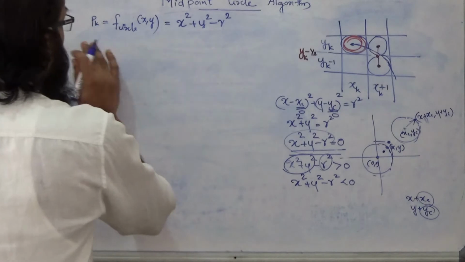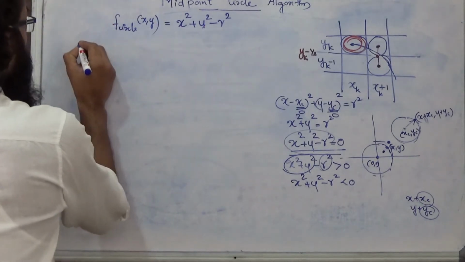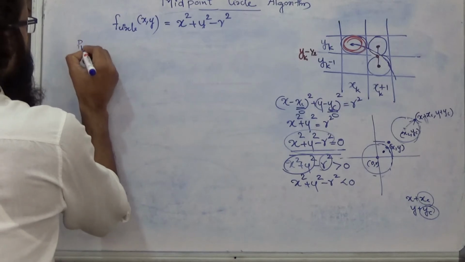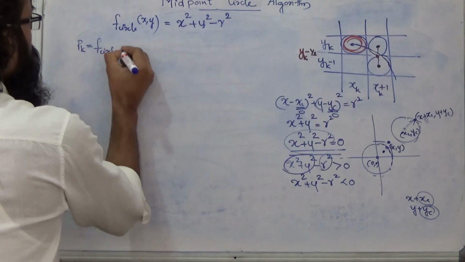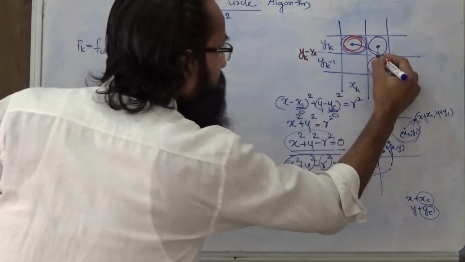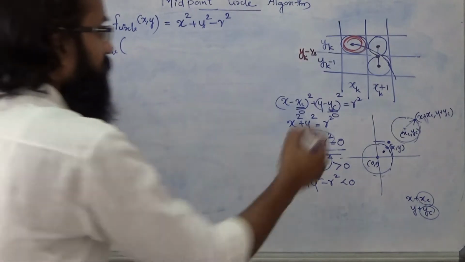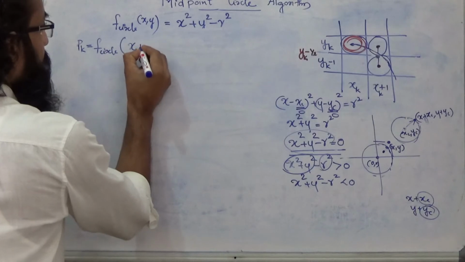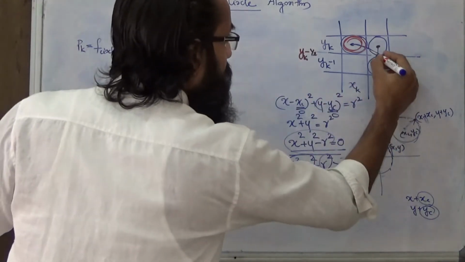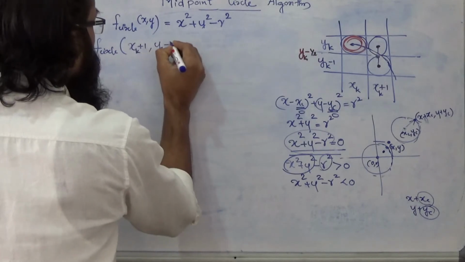Now, this is the f circle function, and we will be taking the decision parameter pk equal to f circle of this midpoint, because we are talking about the midpoint circle algorithm. So if you consider this midpoint, its x value will be xk plus 1, and y value will be yk minus half.